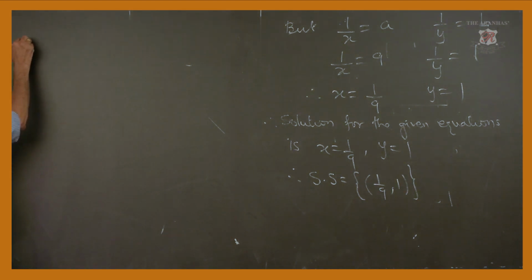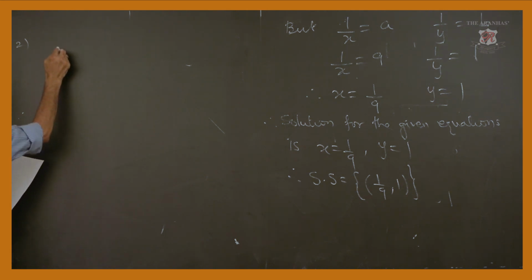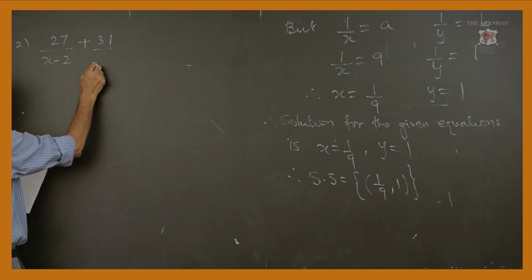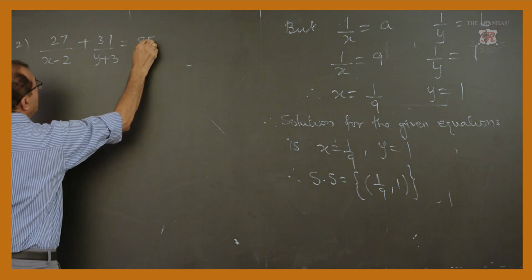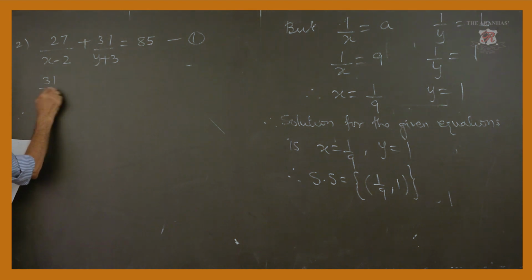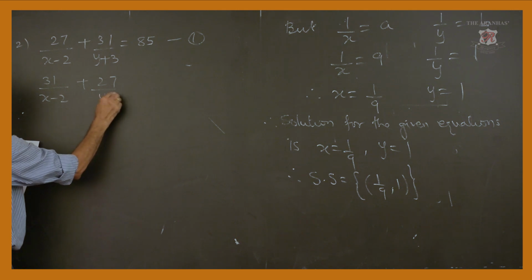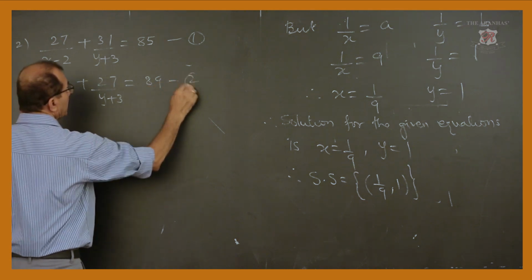The second example: 27 upon x minus 2 plus 31 upon y plus 3 is equal to 85, is the first equation. 31 upon x minus 2 plus 27 upon y plus 3 is equal to 89. This is my second equation.